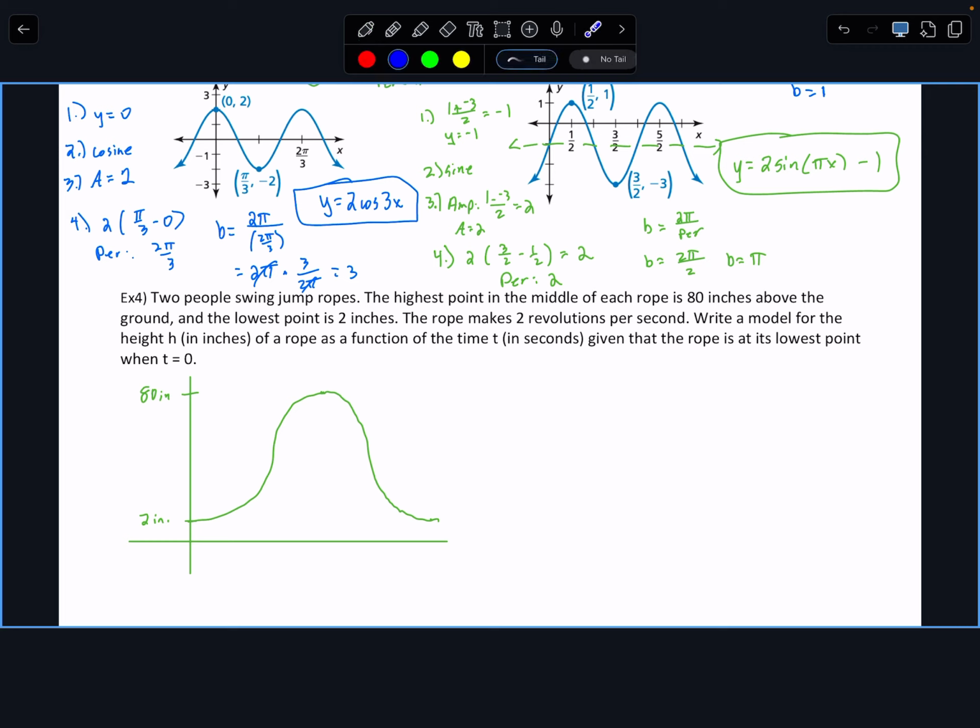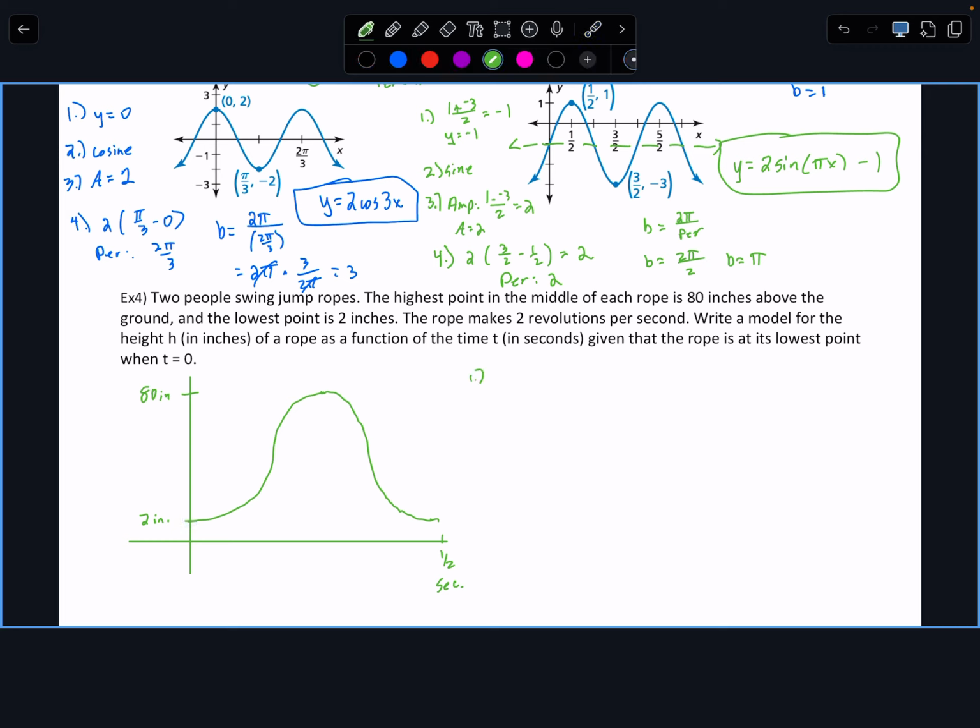It said that it makes 2 revolutions per second, so that all happens in half a second. And that is a complete cycle, so the period of this is 1/2 a second. That's the period. Because you are starting on the y-axis at the minimum, it's a cosine curve, but since it's at the minimum, the a value is negative.